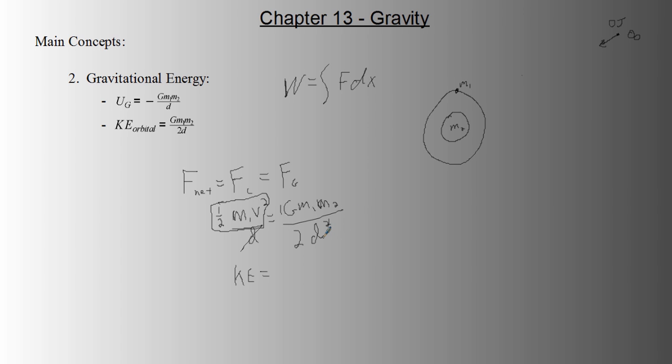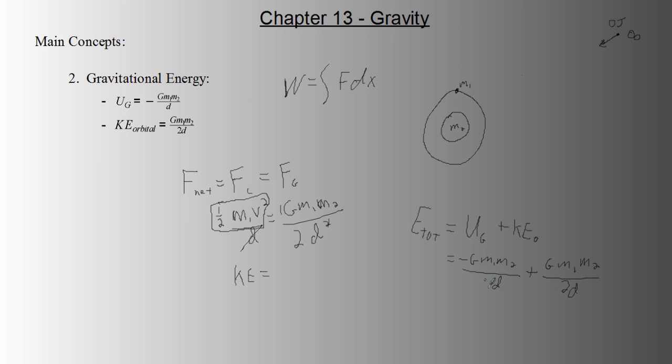Now, if you want to talk about the total mechanical energy of a system, we can do that. E total is just made up of your gravitational potential energy and your orbital kinetic energy, and that is negative G m1 m2 over d plus G m1 m2 over 2d.